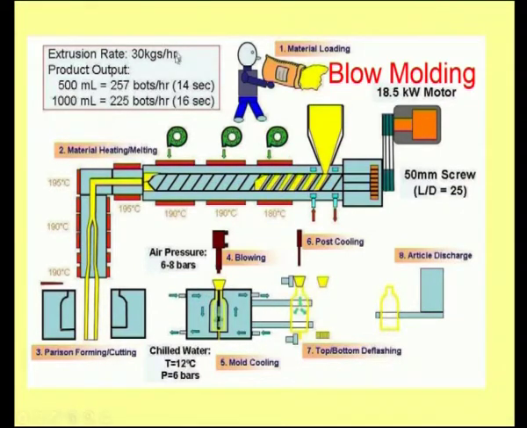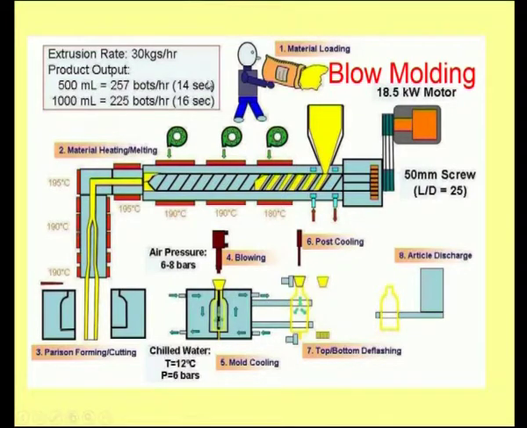The normal extrusion rate is 30 kgs per hour. This refers to the mass of polymeric resin that is extruded from the nozzle of the single screw extruder. With the 30 kgs per hour extrusion rate, one can prepare almost 257 bottles per hour of 500 ml capacity.